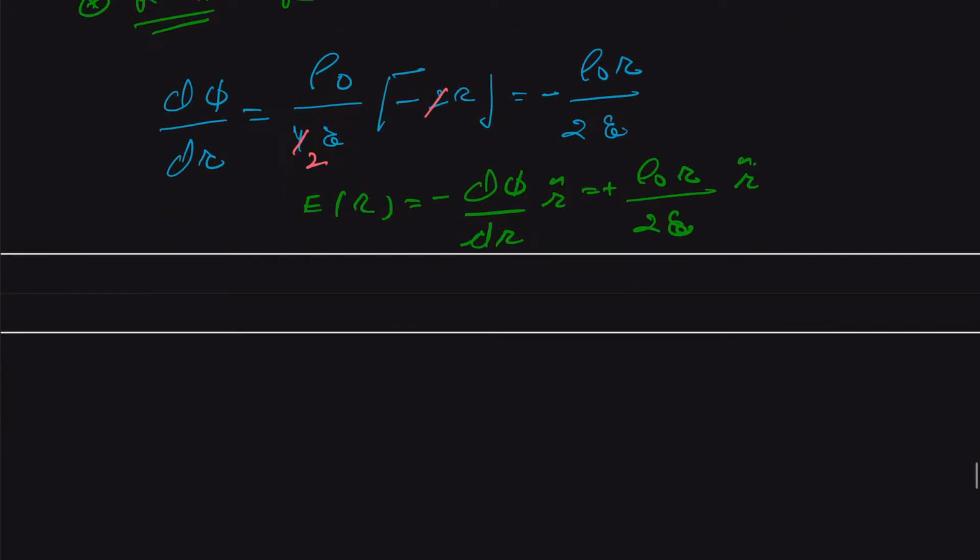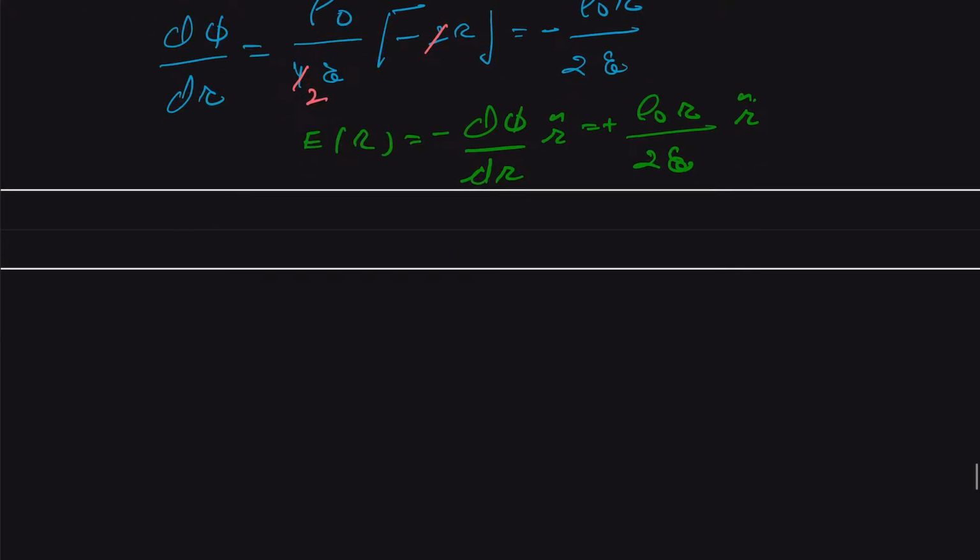And it will be radially outward because it is coming as positive, if rho naught is positive.